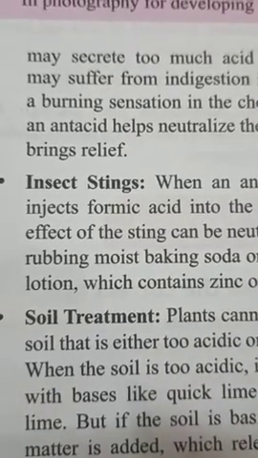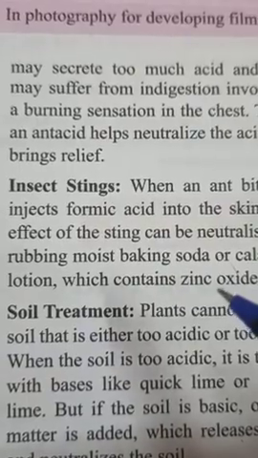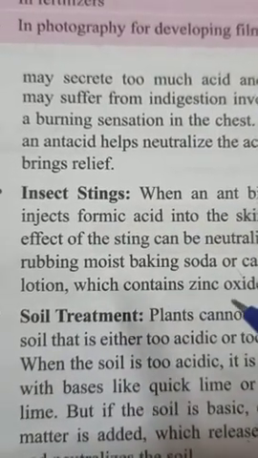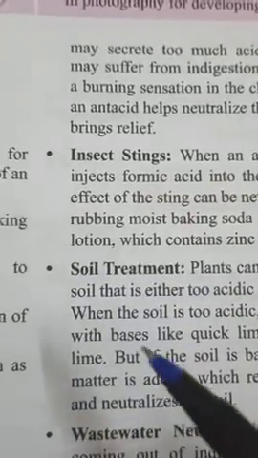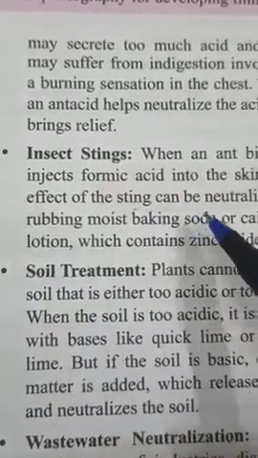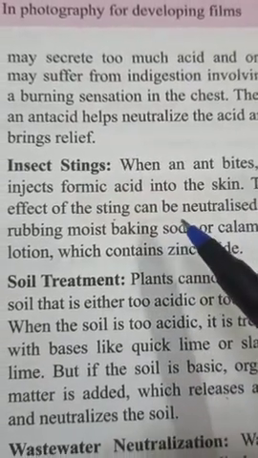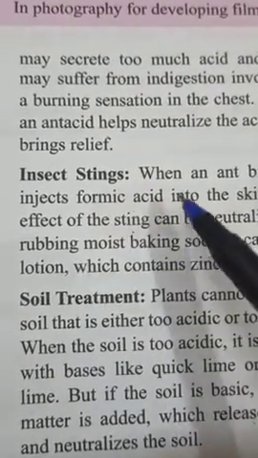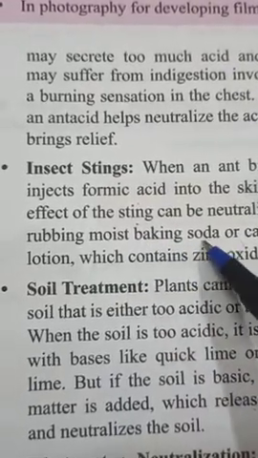To avoid this problem, we should apply baking soda on it, so that we get relief. And this is the second example. Here also we are doing a neutralization reaction, because against this acid we are using baking soda, which is a base.